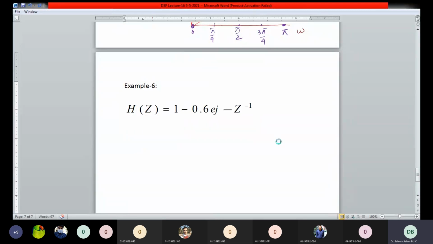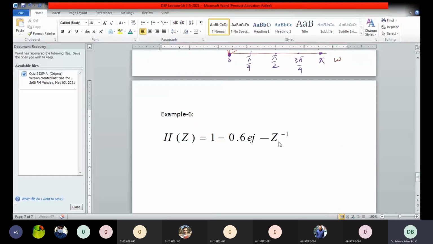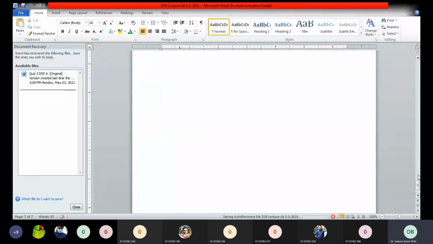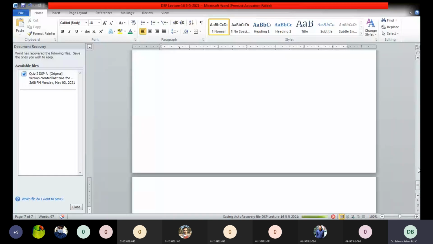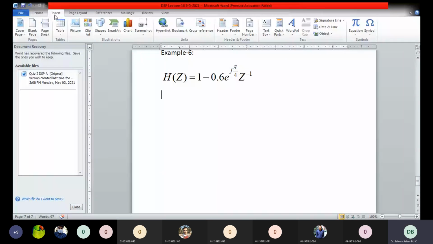This is the expression for a simple zero that is lying not on the real axis but on the complex plane. Let me quickly draw its pole-zero diagram, and then I need to mark its location. I will not take more than a minute to draw this.